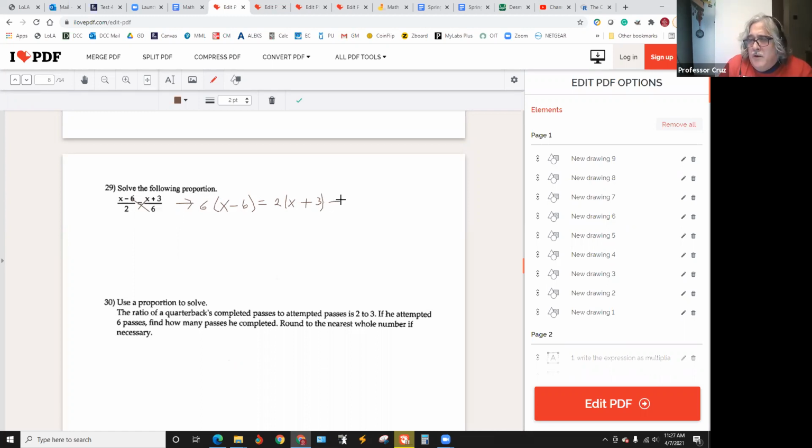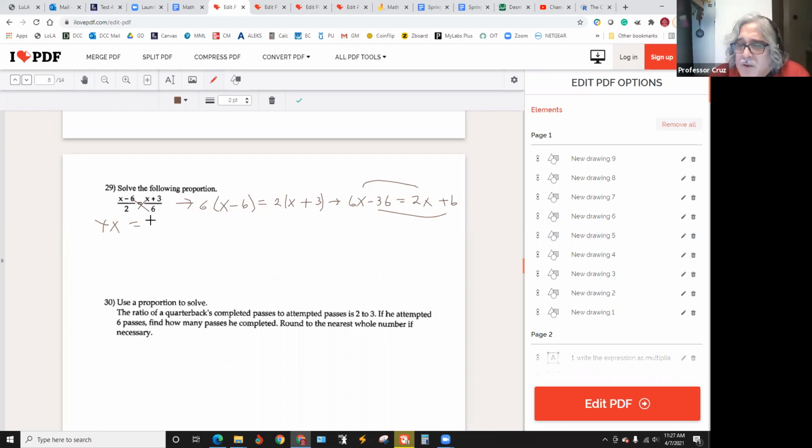So let's just go ahead and simplify. 6 times x is 6x. 6 times negative 6 is negative 36. 2 times x is 2x. And 2 times 3 is plus 6. So we're going to put those together with opposites. This is just a plain old one, not an x squared. So 4x, and then plus 36.